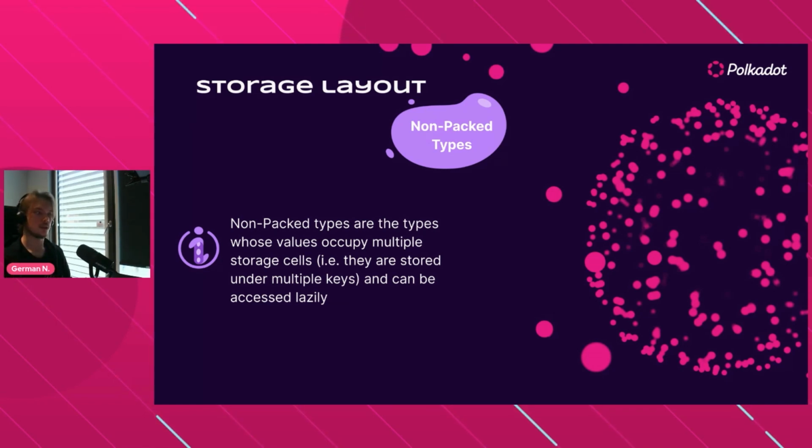An example of a non-packed value is mapping, because when you access an element at a given key, you don't load all the other entries in the mapping. You just access the value on the given key, and essentially this is one of the biggest differences from packed types. We can also say that the data from non-packed types, like from mapping, is loaded lazily. That means you only access the data when it's requested.